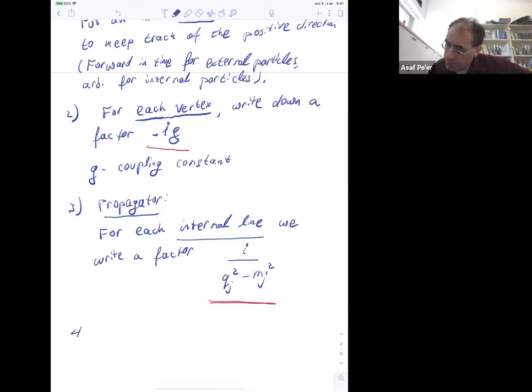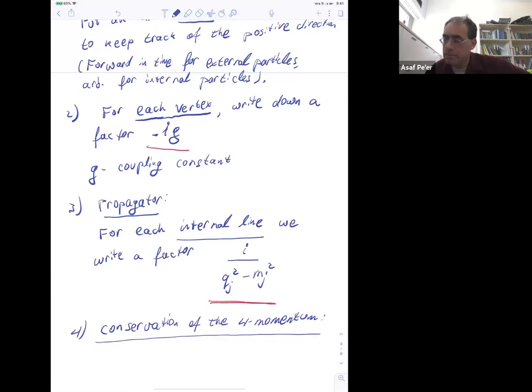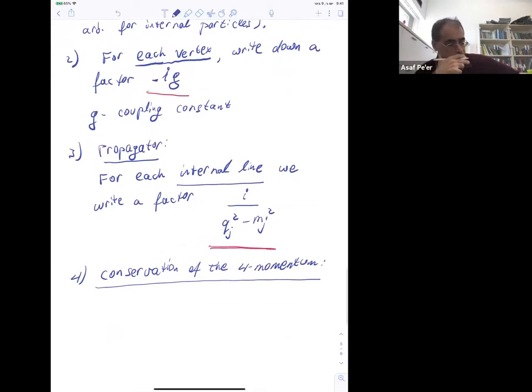The next rule is conservation of the four-momentum.